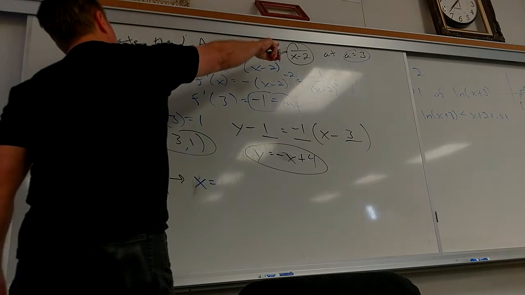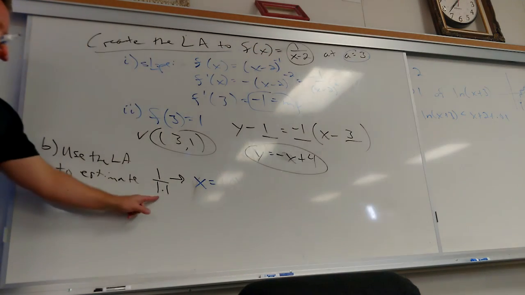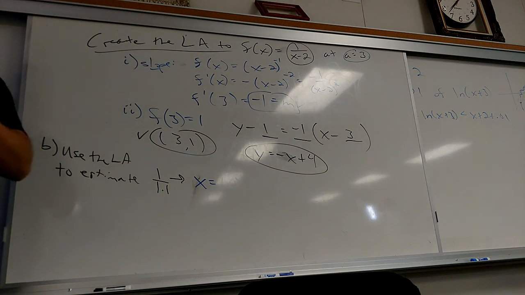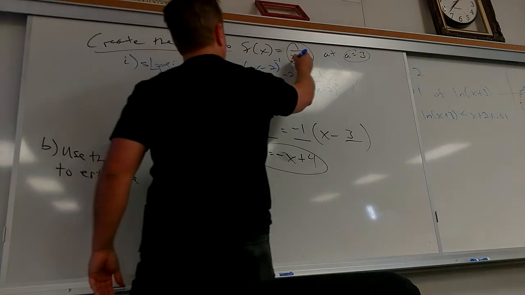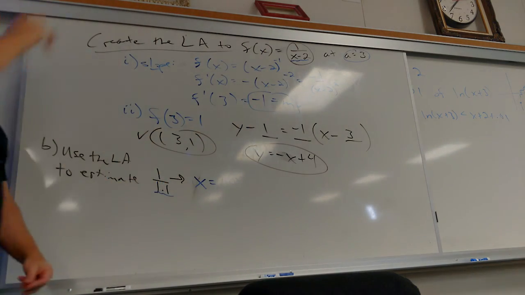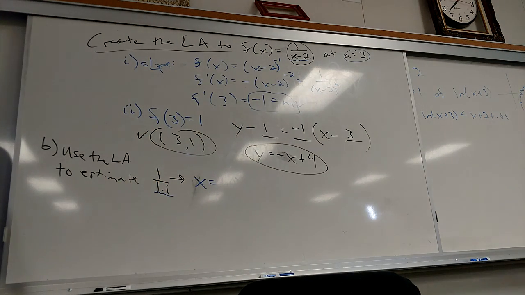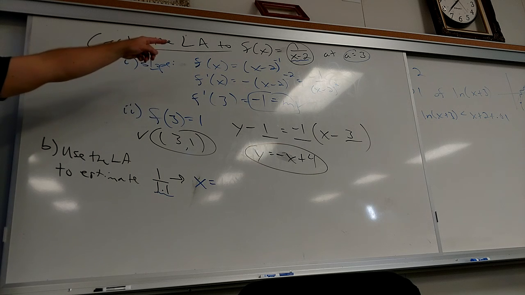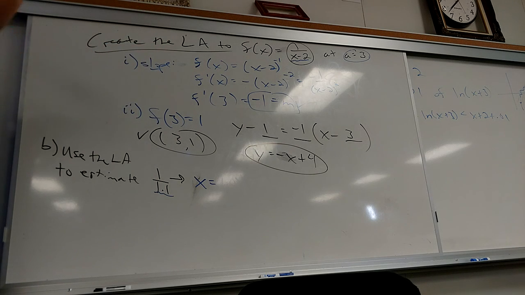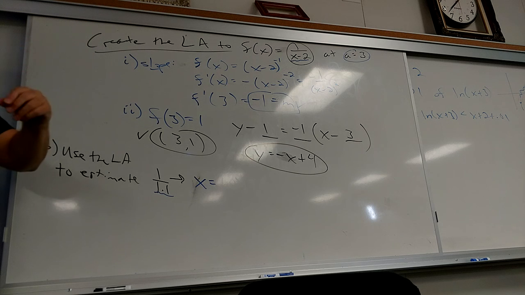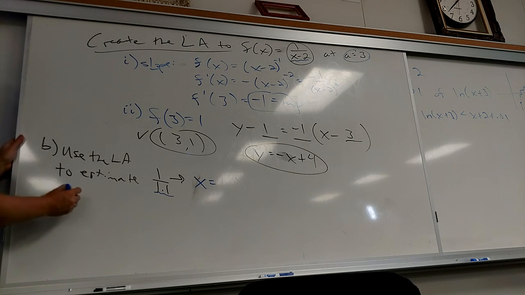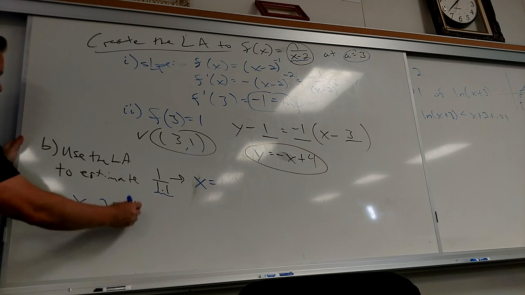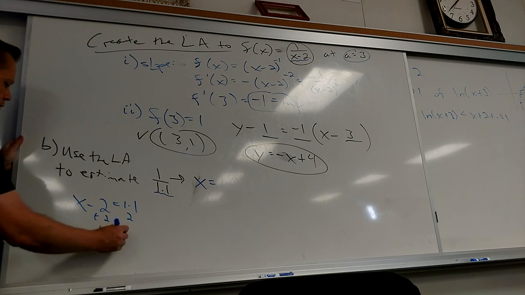What does x have to be to make this what I'm looking at? 3-ish. How do I get exactly 1.1? What minus 2 is 1.1? 0.1. Or if you really need to, how do I make x minus 2 become 1.1? I make x 3.1.